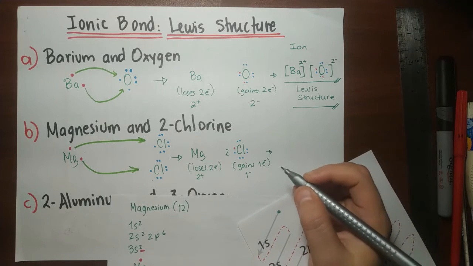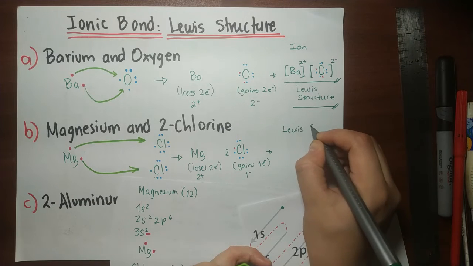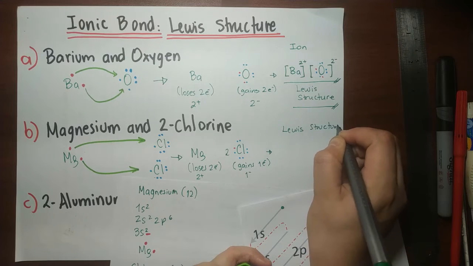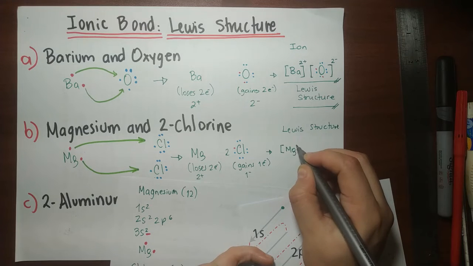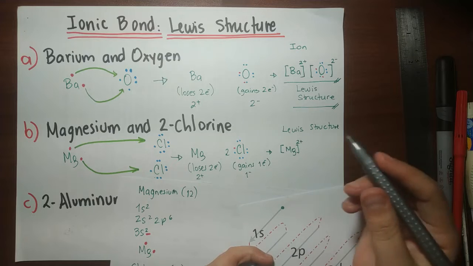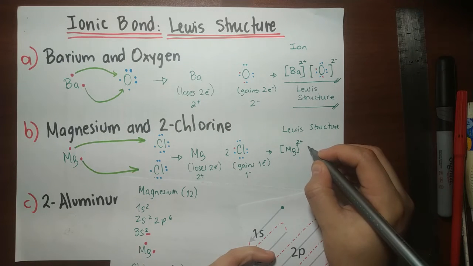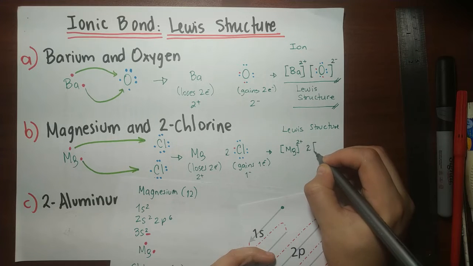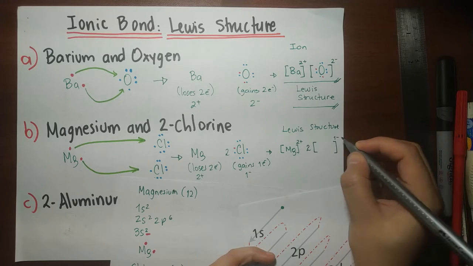So the Lewis structure, I'm going to do it here. The Lewis structure will be, in brackets, magnesium, outside the brackets, the charge 2 plus, because it loses 2 electrons. In here you will have 2 chlorine, and the charge is 1 minus.